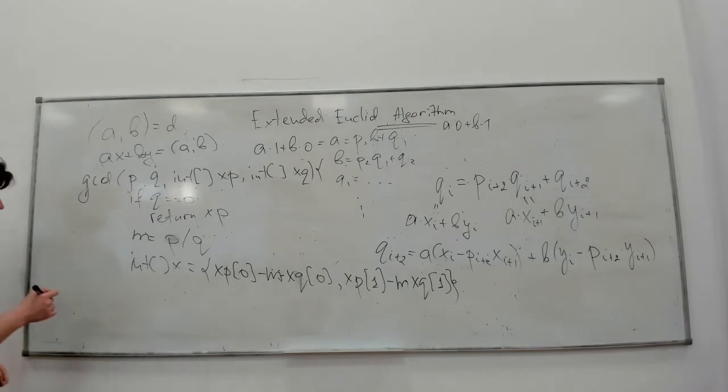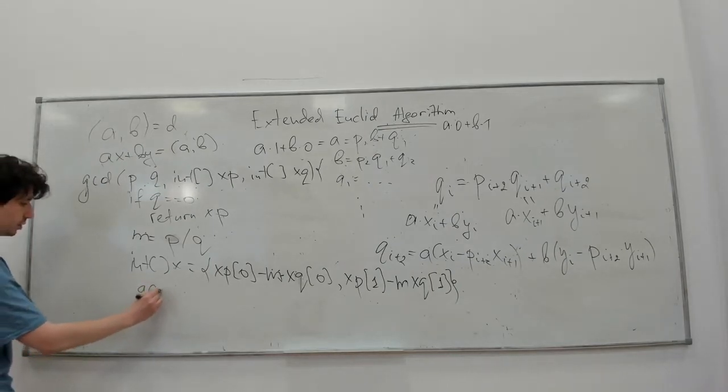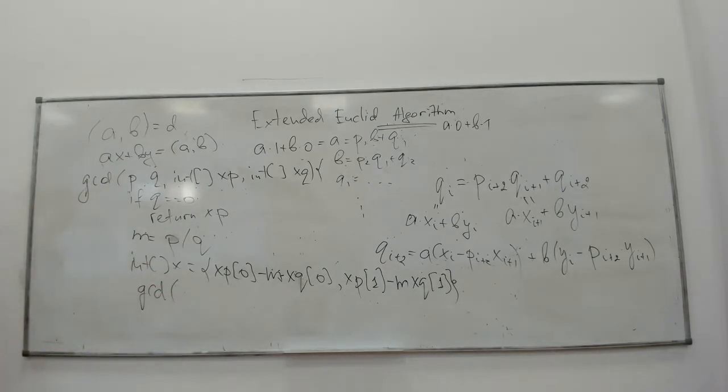There are too many same variables. And then, what GCD should I call? Can you tell me what the parameters of the new GCD are? Oh, sorry, return. What should I pass recursively to GCD? That's the question.